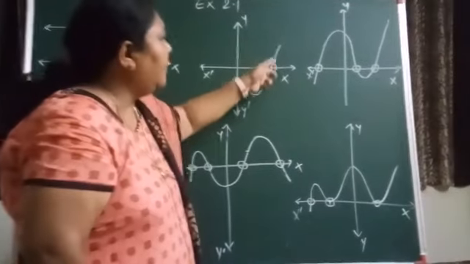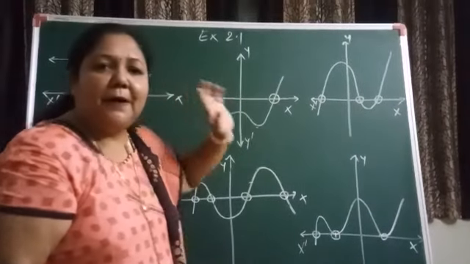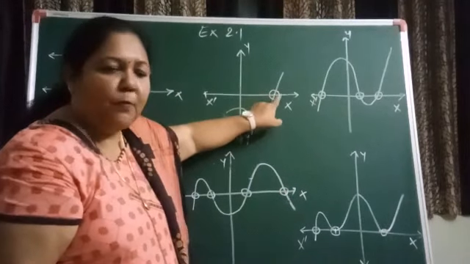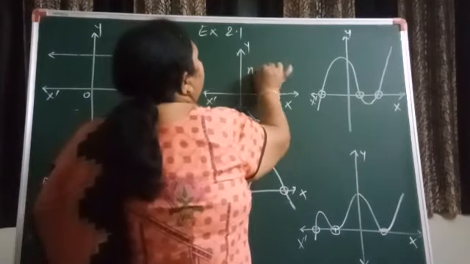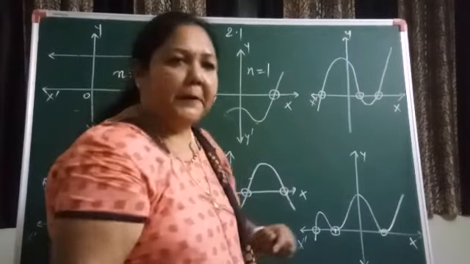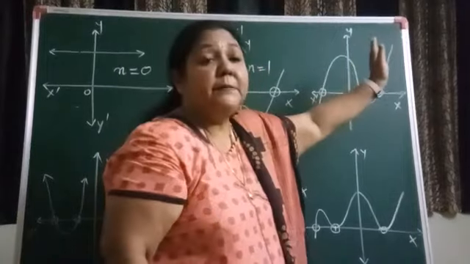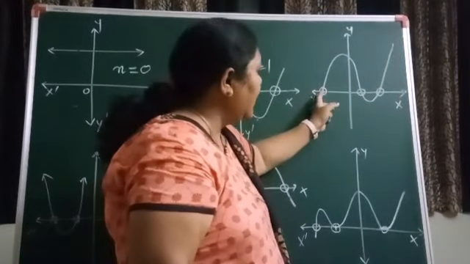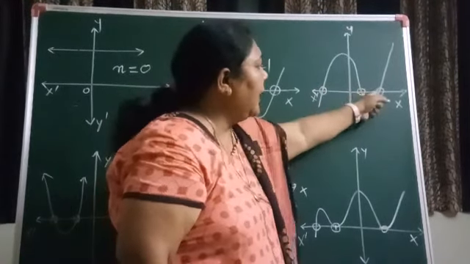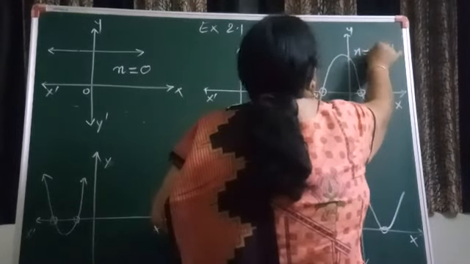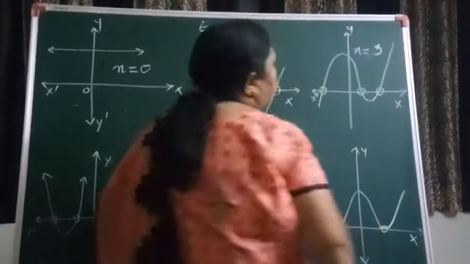Okay, आपका ग्राफ x axis को कितनी बार टच करता है? Just exactly 1 times at this point. So, number of zeros n is equal to 1. The third diagram, how many times does it touch the x-axis? 1, 2 and 3. That means here number of zeros n is equal to 3.